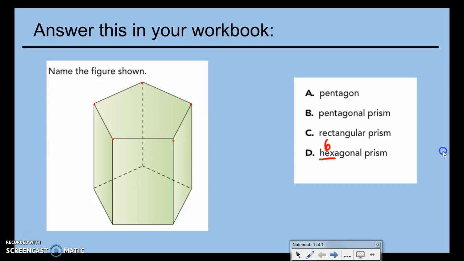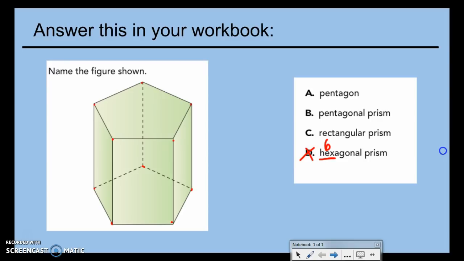So the base, what you're going to look at when you're looking at one of the shapes, is one of the bases. It could be the top or the bottom for a prism because the prism has multiple bases. So as you can see, this prism has 5 corners. So you know that a hexagonal prism is not an option.